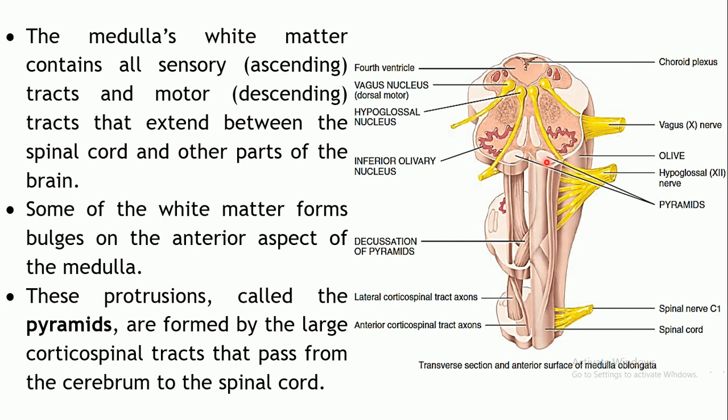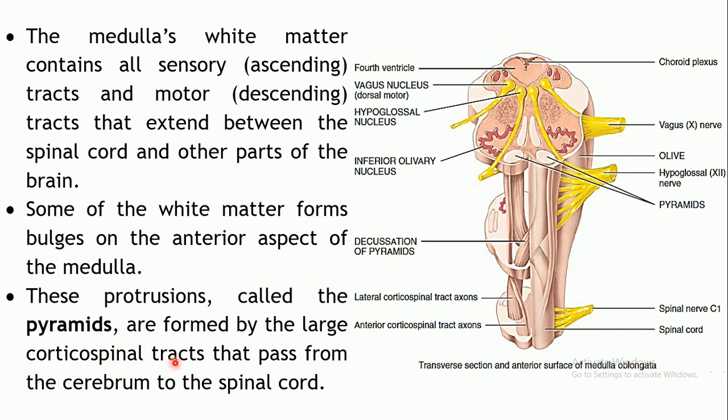So it forms bulges on the anterior aspect, and these protrusions are known as pyramids. These pyramids comprise white matter, and what does white matter consist of? It consists of myelinated axons, right? So in these pyramids are present the large corticospinal tracts.